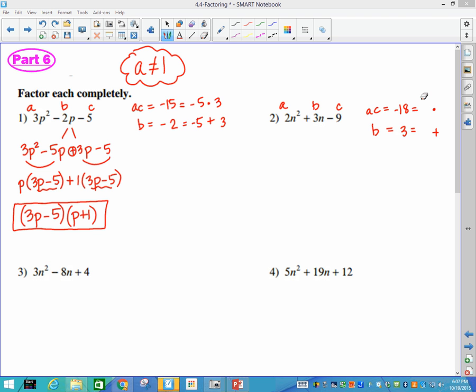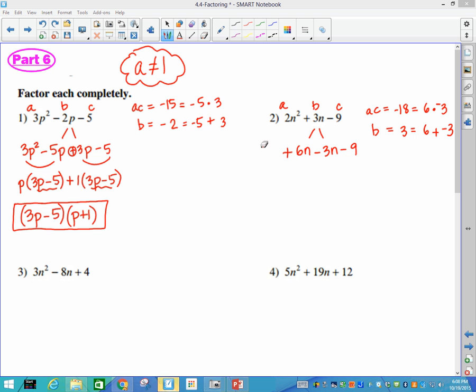And again, this may be the longest part of the process for some people, but 6 and 3 give me 18, 6 times 3, and I subtract to give me 3. And if I want a positive 3, then I need the 6 to be positive and the 3 to be negative. So that tells me I'm going to break that up into 2n squared plus 6n minus 3n.